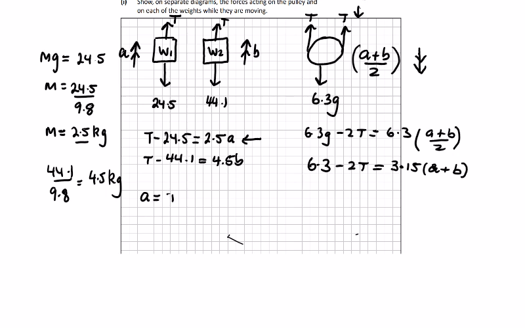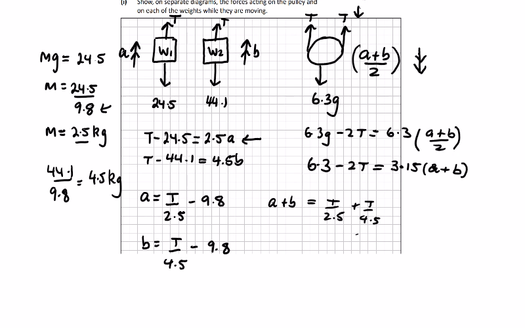So what's A equal to from this equation? A is equal to T over 2.5 minus the 9.8 that we would have here. So B will be equal to T over 4.5 minus 9.8 as well. So A plus B is equal to T over 2.5 plus T over 4.5 minus 2G, or 19.6.